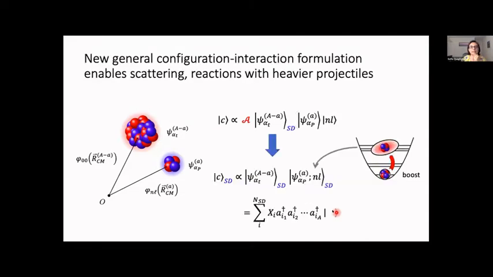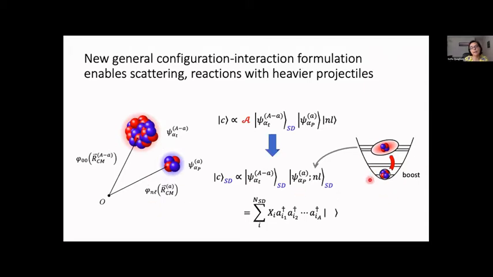But recently, and this is work that was done by Kostas Kravvaris, who will talk after me, we introduced a new way of building these single particle channel states, in which basically we use Slater determinants to represent both the target in its zero center of mass motion and the projectile with an excited center of mass motion.